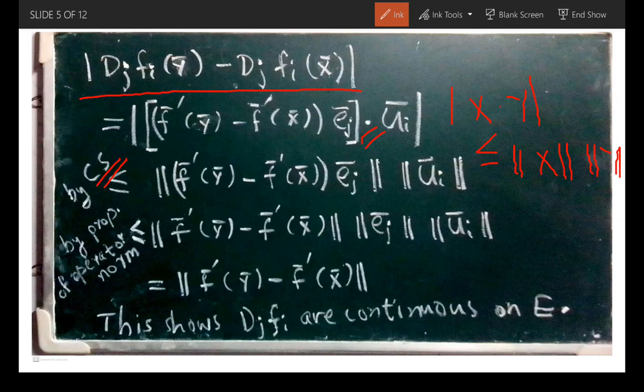So use that. You will get this expression less than or equal to norm of (f'(y) minus f'(x)) ej into norm of ui, where it is understood that these two norms are norms in Rm, the codomain.